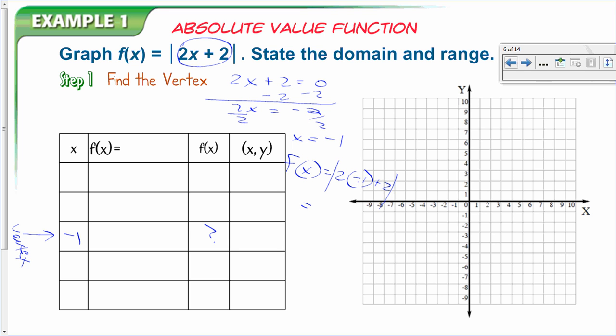Okay, 2 times -1 is -2, plus 2 gives me absolute value of 0. So my first point is what? Plot that over where? So it goes at -1 and 0.